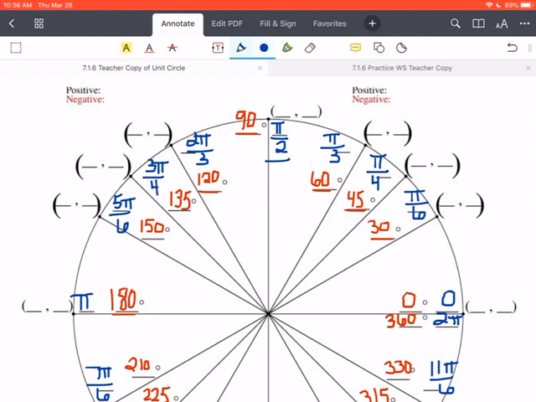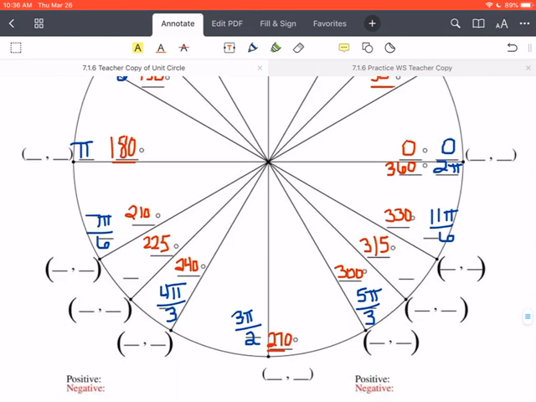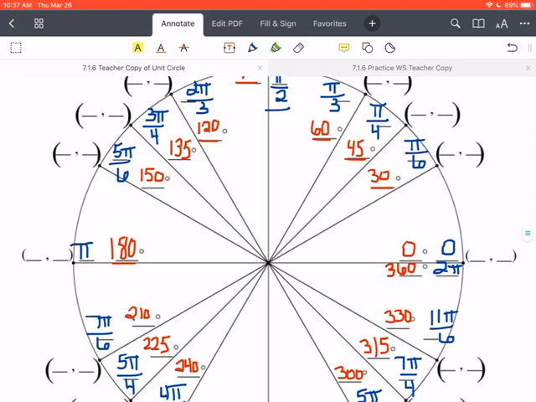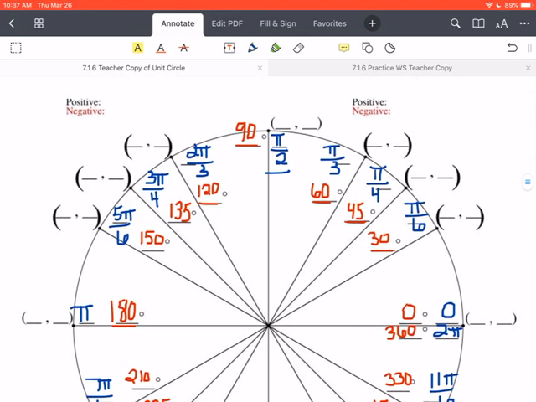We have 4 pi over 4, which is pi, and then our numerator gets larger than our denominator for 5 pi over 4. Then we have 6 pi over 4, which is below on the y-axis, and then we have 7 pi over 4, and getting us to 8 pi over 4, 8 divided by 4 is 2, so that gets us back to our full circle. All right, so we've filled in everything.